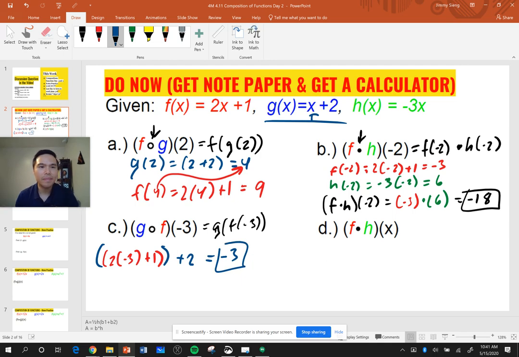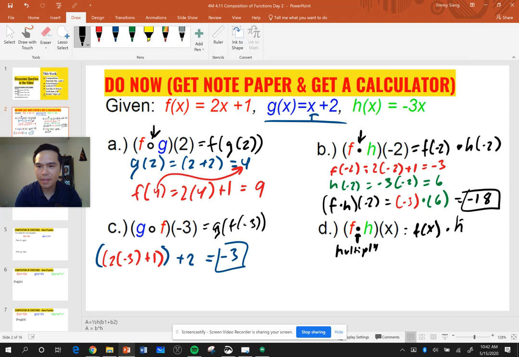You following along? Again, notice a dot here. That means multiply. So what we're going to do is multiply the f function with our h function. Whoops, getting ahead of myself. Okay, so we have here 2x plus 1 times negative 3x.